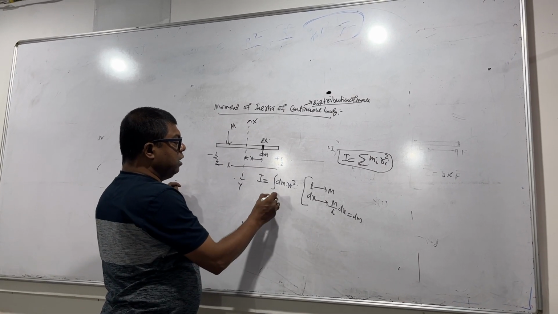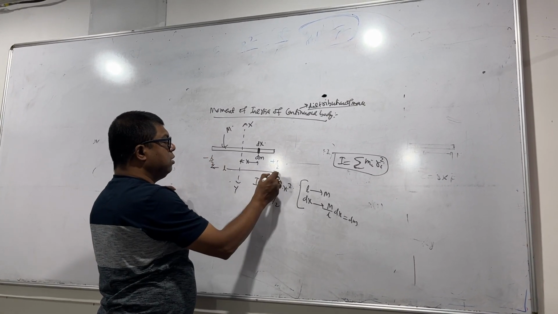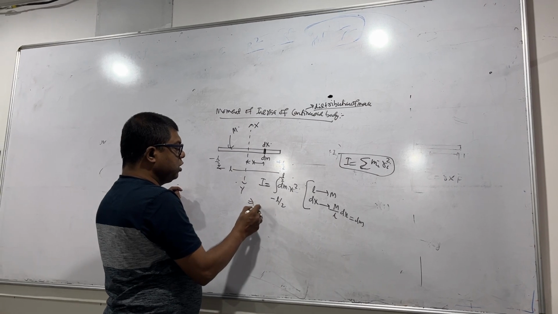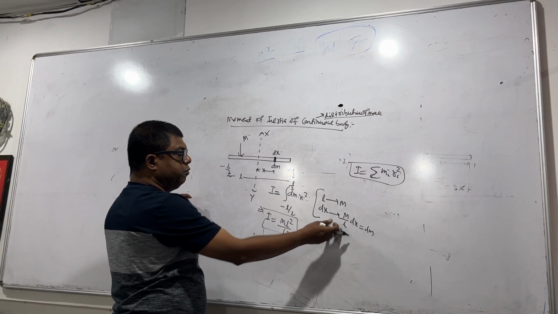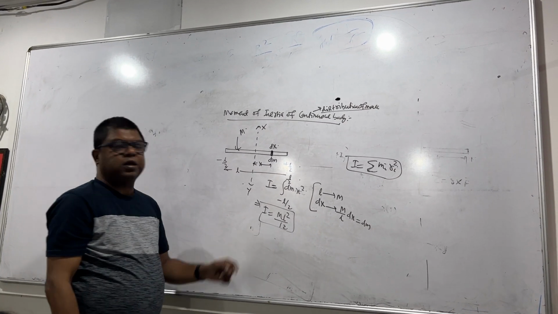Putting in this value and the limits and taking the integration, we get I equal to M L square by 12.